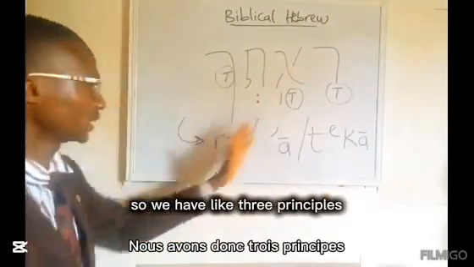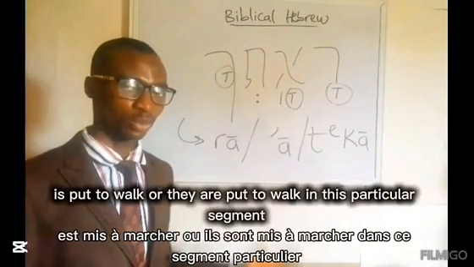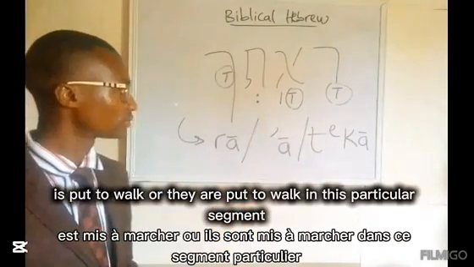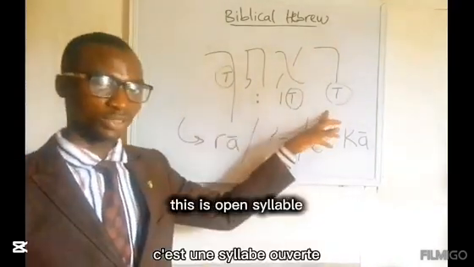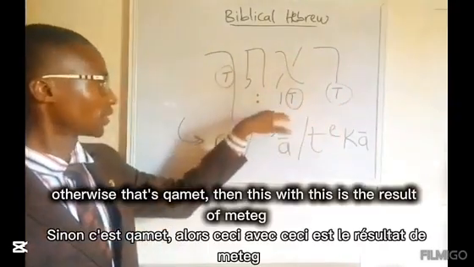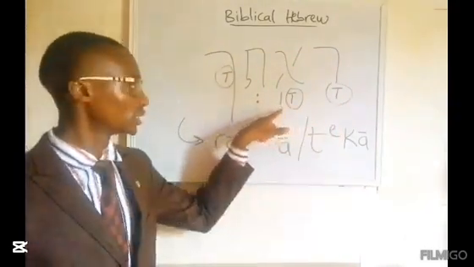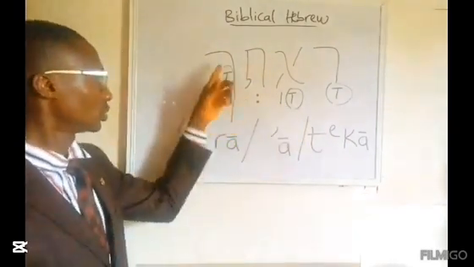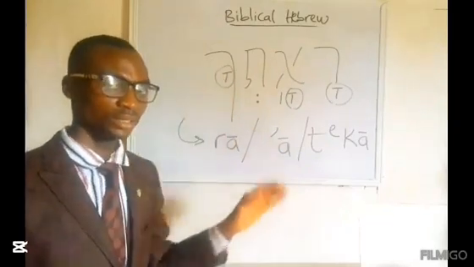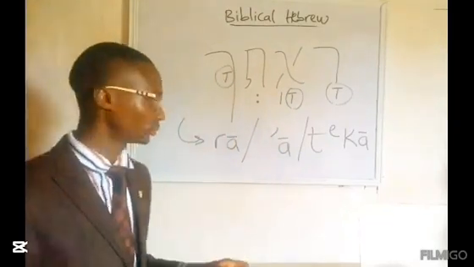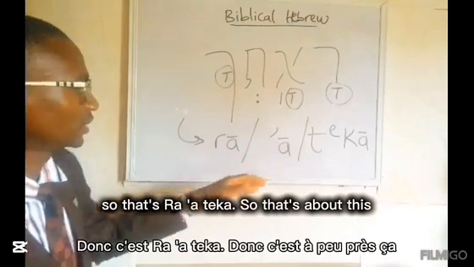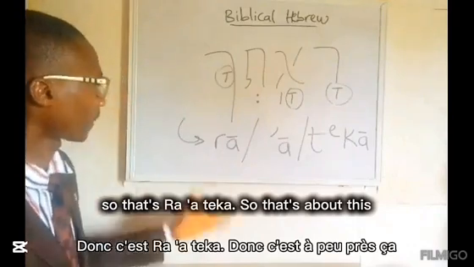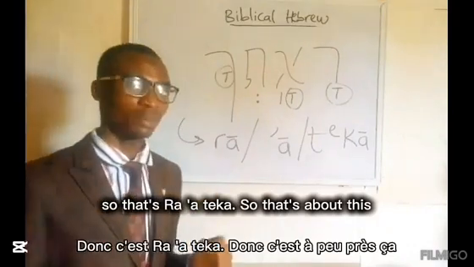So we have 3 principles put to work in this particular segment. This open syllable, we have as Qamet. Then with this introduction of Meteg, we have an open syllable, it becomes Qamet and not Qamet-hatuf. Then here also a long vowel ending an open syllable. So that's Ra, Ha, Teka.